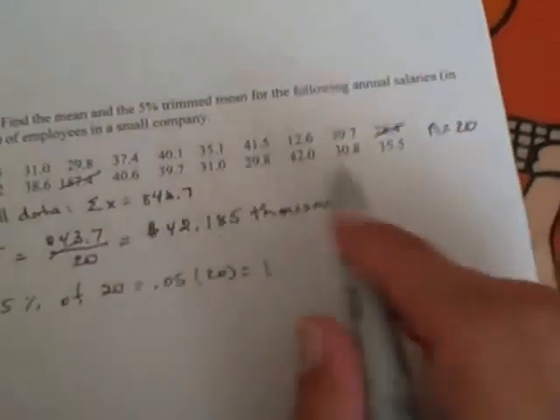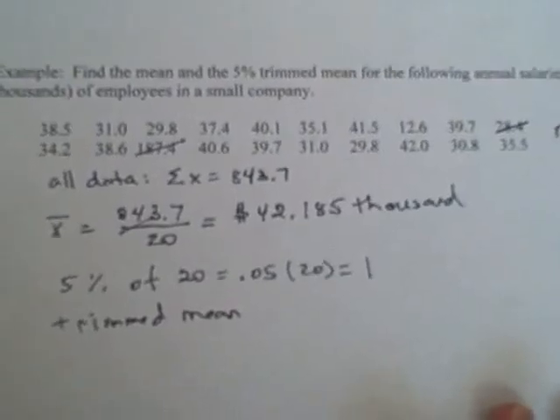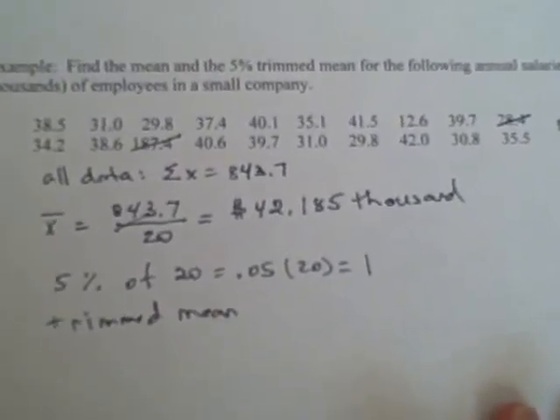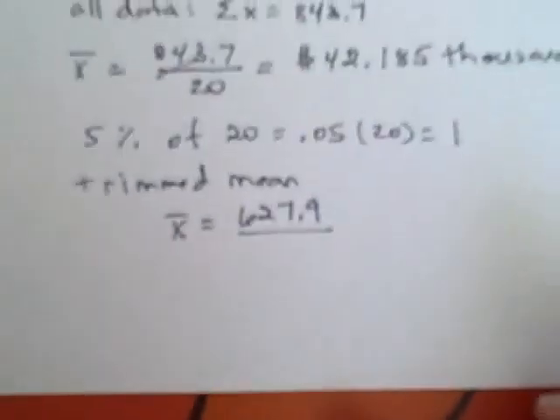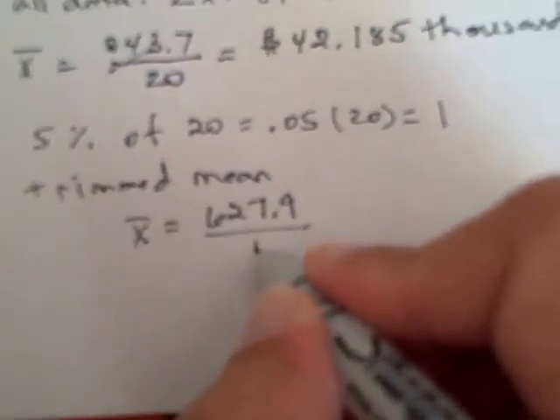So when I drop, and I just use the 18, okay, so now we're trying to find a trimmed mean. When I add up those 18 middle data values, I get 627.9. Okay. So we get a 627.9, and now we only have 18 data values.